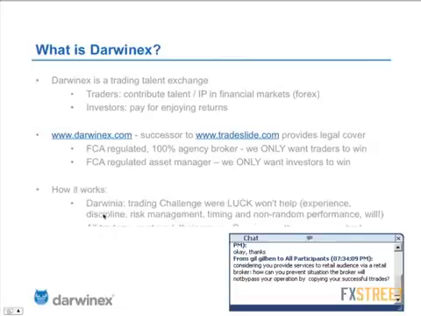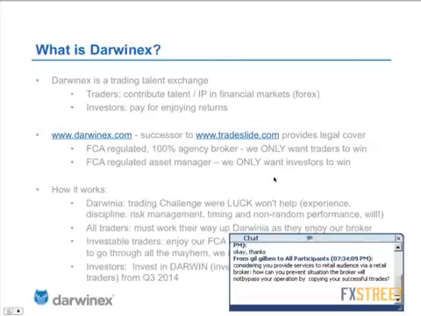And what we do essentially is offer a trading challenge called Darwinia, where you're just not going to win unless you prove experience, discipline, risk management, timing, and non-random performance. In other words, our rule is to say, if you prove experience, discipline, risk management, timing, and non-random performance, and you make money, the chances that you're just a lucky monkey are very, very, very low.